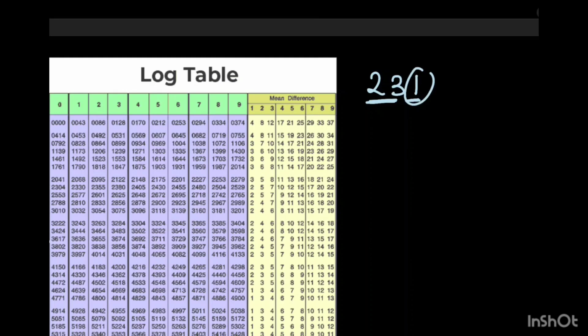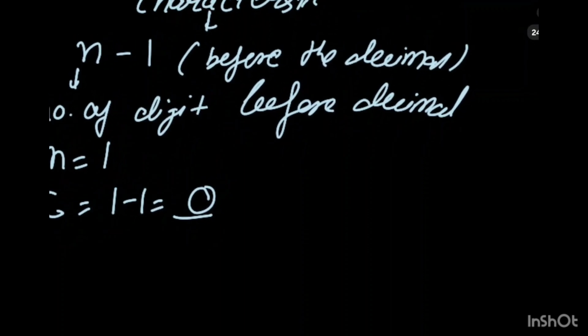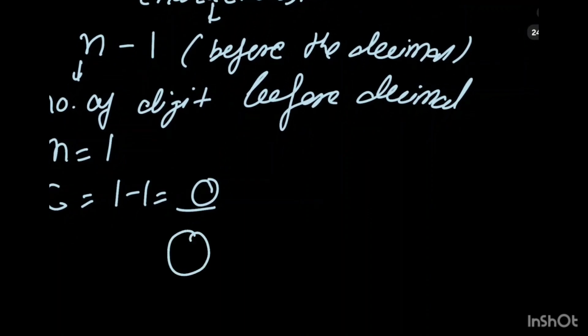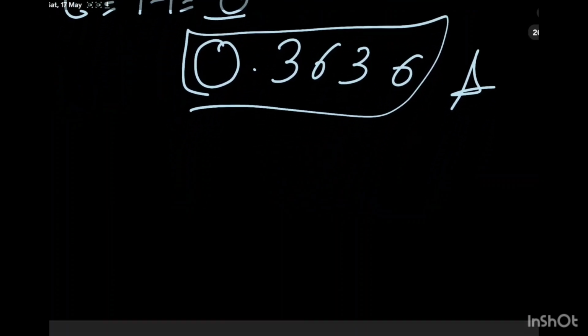So we say 23 at 1, and the answer is 3636. So I can write my characteristic 0 point and the value that I got, 3636, and that would be my answer. This is how we can find the log of any function.